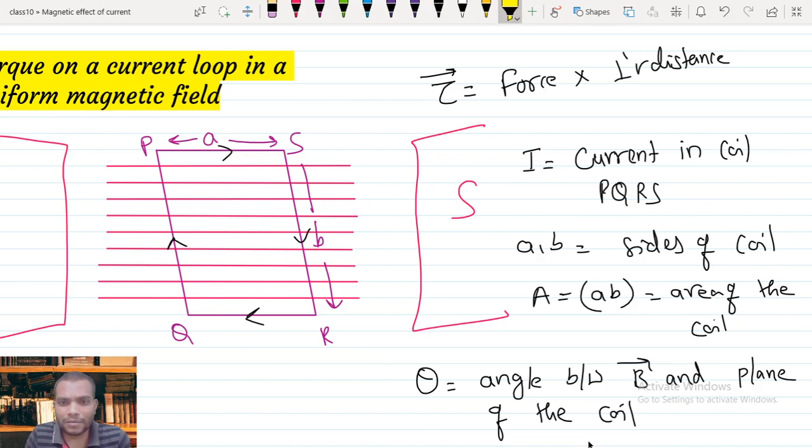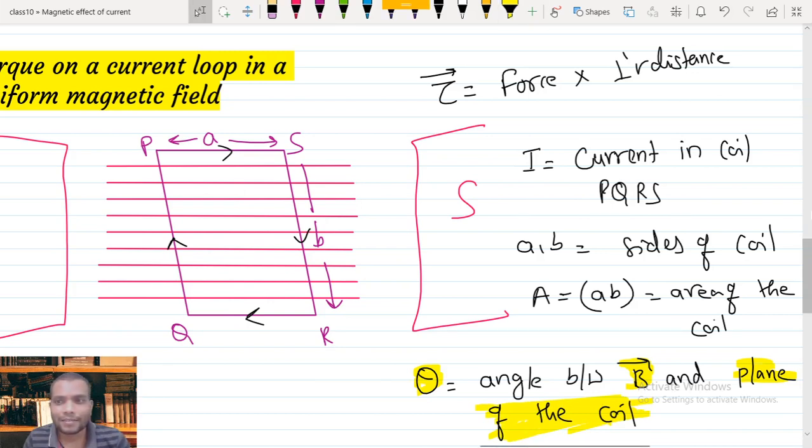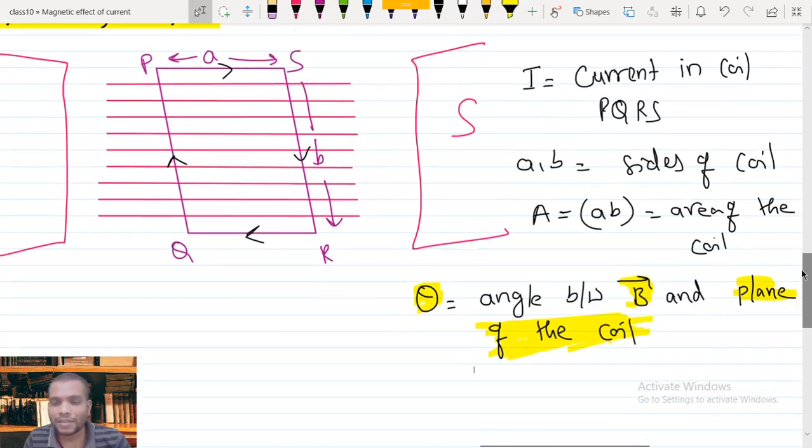So the angle between the magnetic field and the plane vector of the coil, we take as theta, not the theta of any current element or elemental length. So here the theta factor is very important.